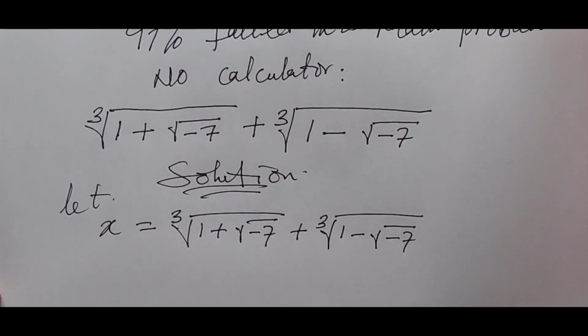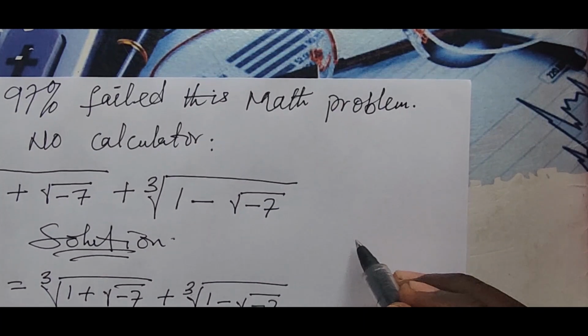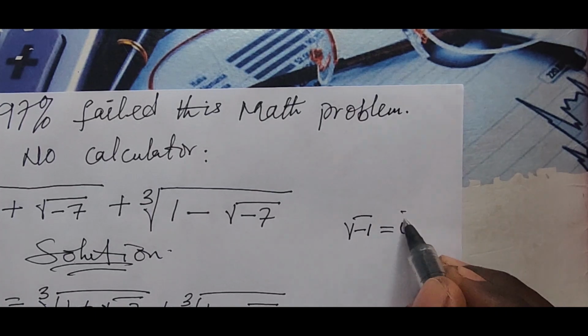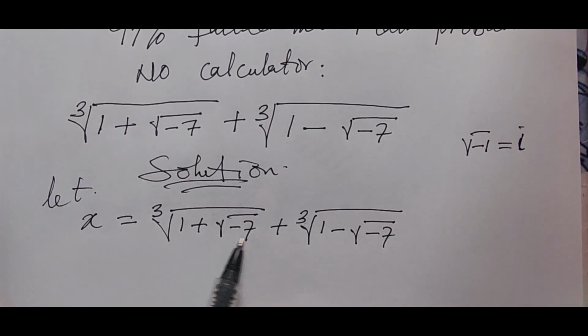So if x is equal to the whole of this expression, now we know that the square root of minus 1 is equal to i. So if the square root of minus 1 is equal to i, then let's break it here.